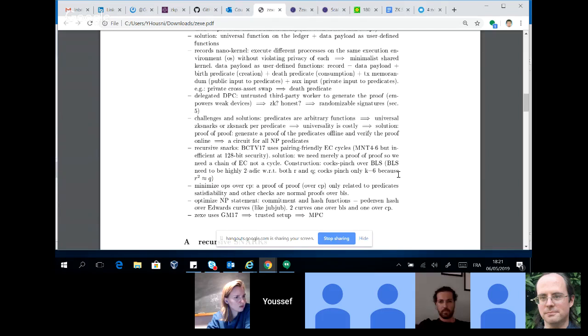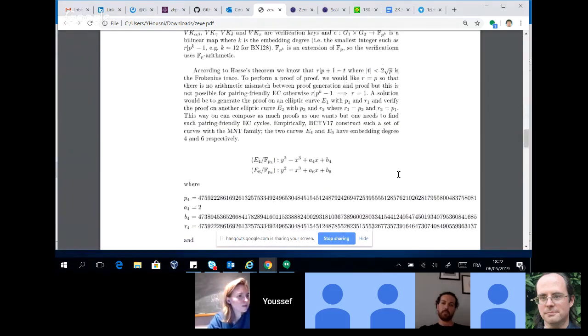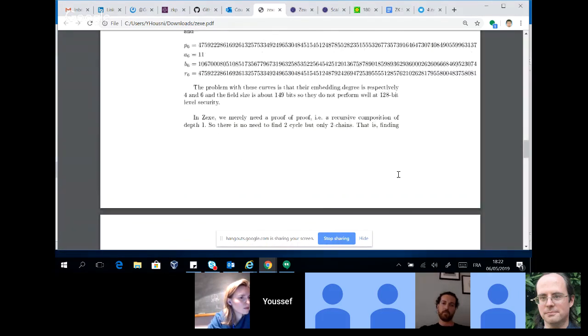the elliptic curve cycles. The problem is, let's take the example of GM17. The proof in any pairing-based ZK snark is a set of points on the elliptic curve. So in GM17, it is 3 elements. I've put an appendix at the end where I'm talking more in detail about this.